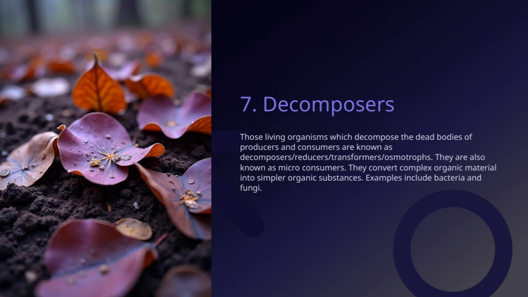What they do is convert complex organic materials, like dead plant and animal matter, into simpler organic substances. This process is vital because it helps recycle nutrients back into the soil, making them available for new plants to grow. Examples of decomposers include bacteria and fungi, which are incredibly efficient at breaking down organic material.